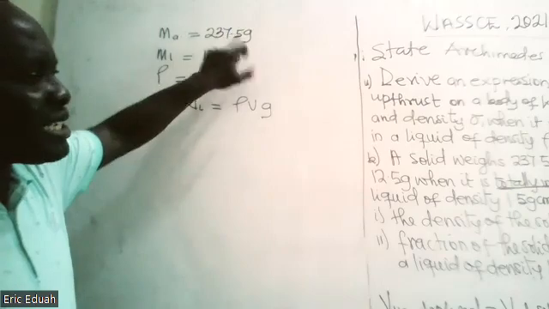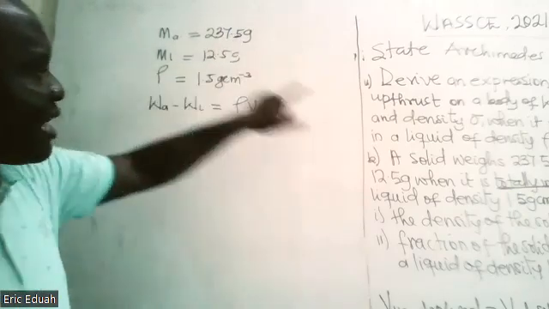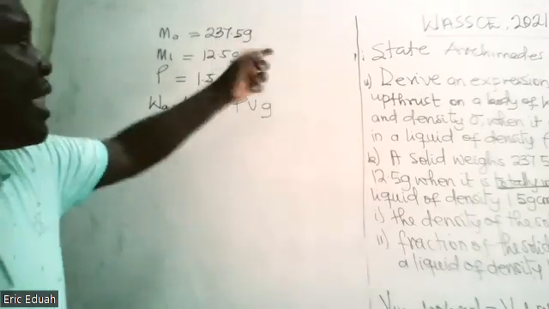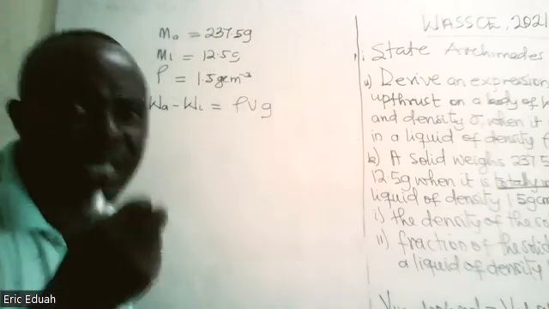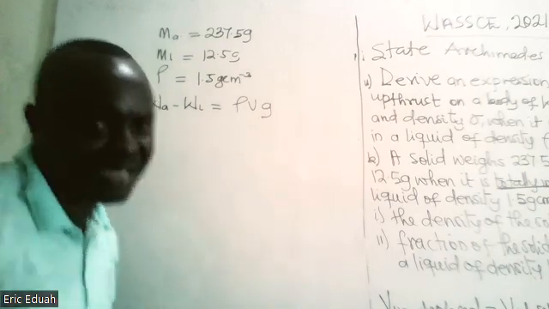But whatever the question gave us is actually masses. Say a solid weighs 237.5 grams. The captioning is weight, but what you were given in reality are masses.